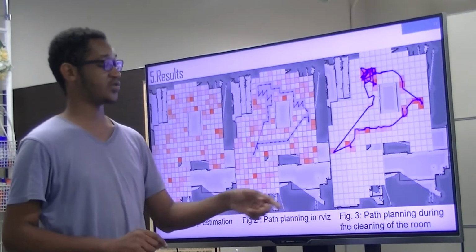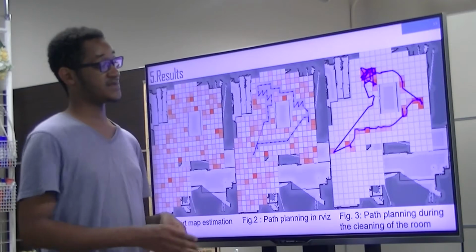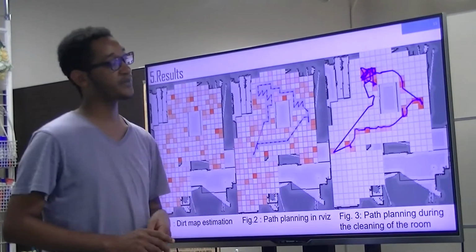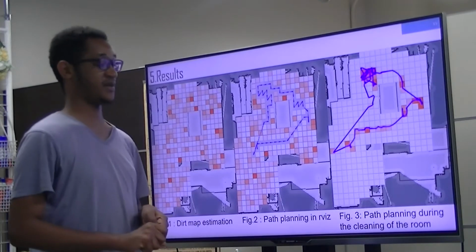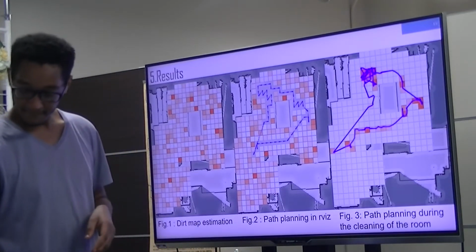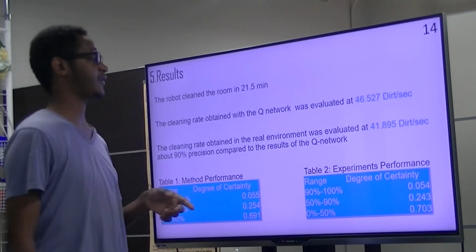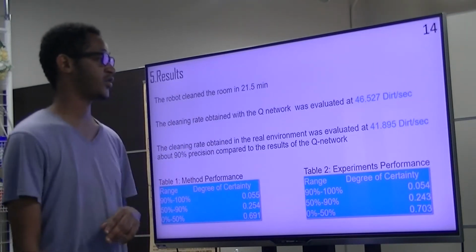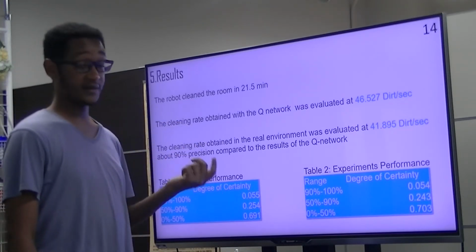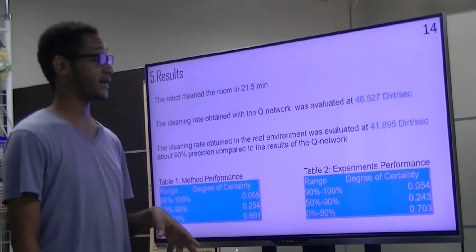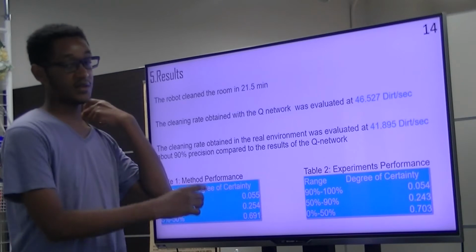So we simulated using RVs the path shown here in blue, and we tested it in the real room, and as we can see, the paths are almost similar. So we set our robot to clean the room in 25 minutes, but it did it in 22 minutes. And we can see that the cleaning rate in the simulated environment in RVs and in the real world are almost equal, around 42.